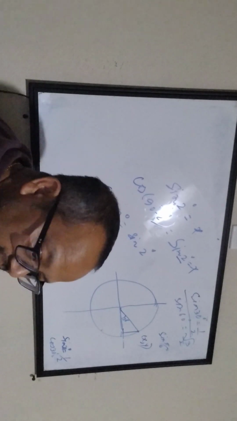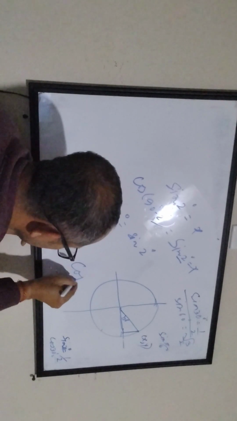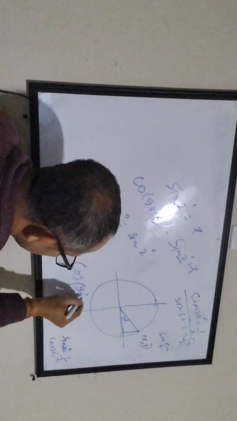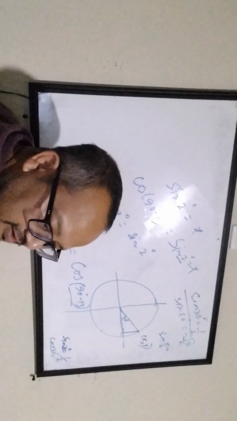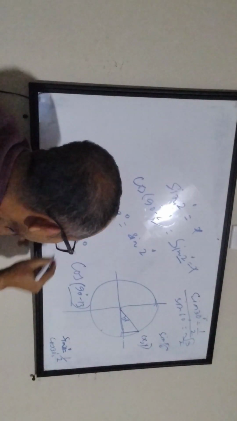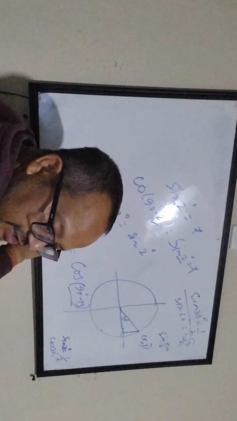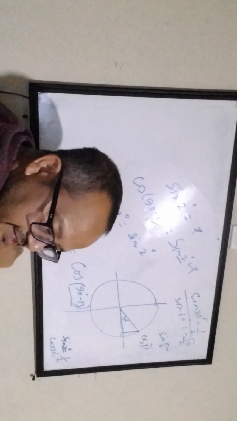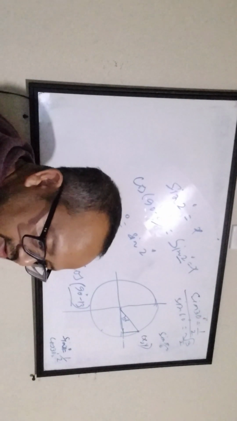I'm sorry? Would it be 87 degrees? It will be cos of 90 degree minus 13. Whatever it is. It will be 77. Yeah. So always look at this: whatever value you have in sine, take the degree out, subtract that from 90, and that will be the equivalent value in cosine.